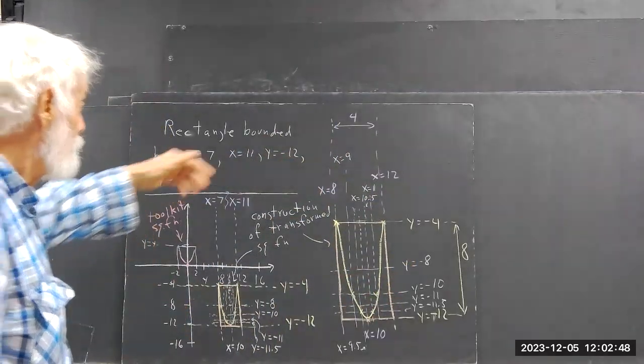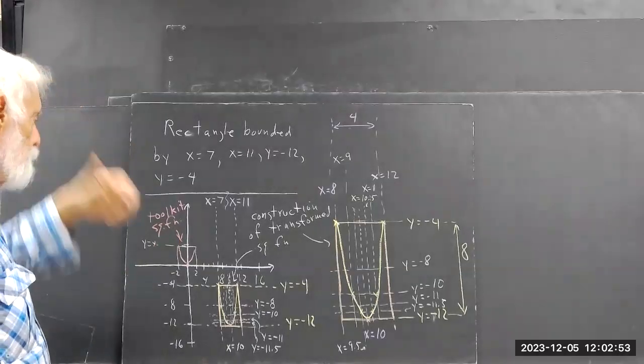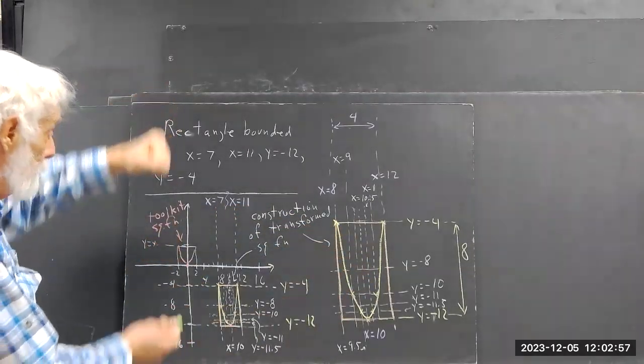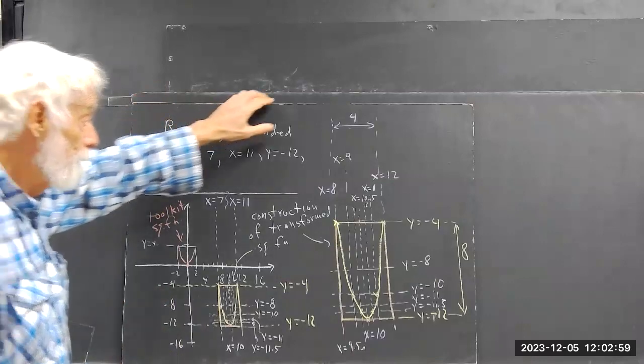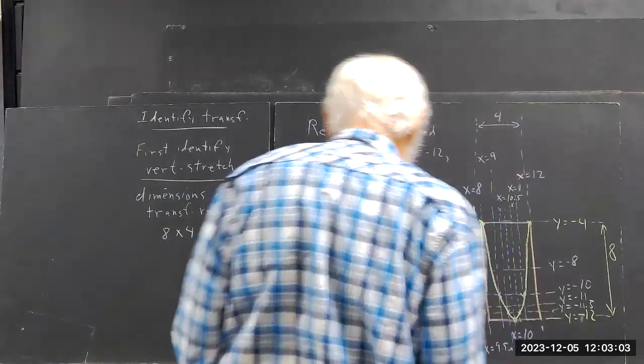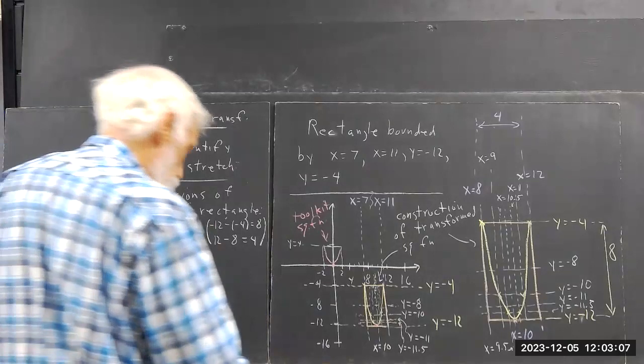That tells you, and what's this? This is 4 by 4. What do you have to do to a 4 by 4 to get an 8 by 4? You have to stretch it, double this distance. Okay, in any case, I write this down.